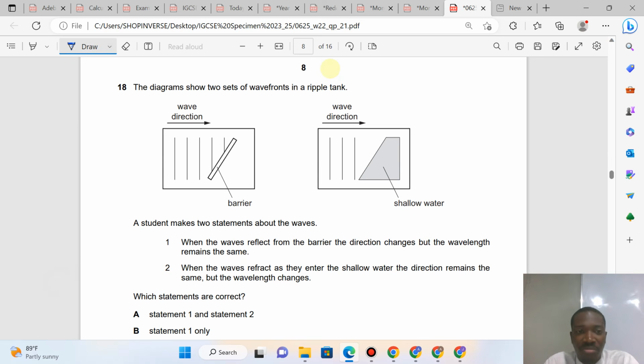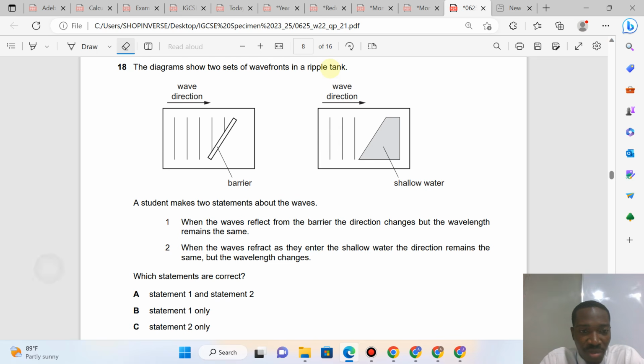Question 18. The diagrams show two sets of wavefronts in a ripple tank. You can see the first wavefront, and then the second wavefront. Now, in this case, a student makes two statements about the waves.